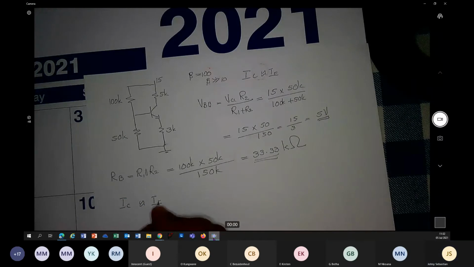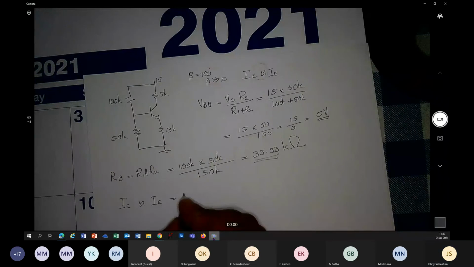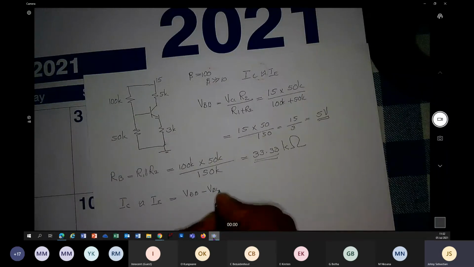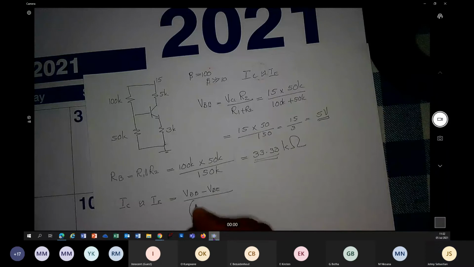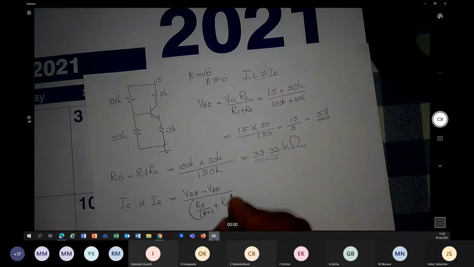How? IC equals VBB minus VBE, divided by RB over (beta plus 1) plus RE.